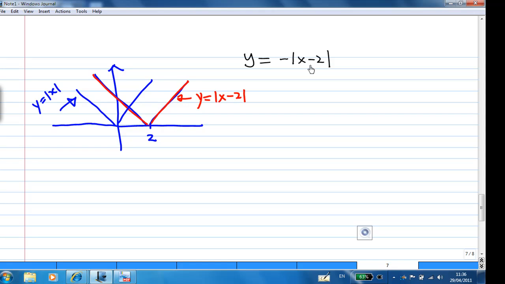Now this is a reflection in the x-axis. So you're going to do a reflection in the x-axis. When you do a reflection in the x-axis from the earlier curve, after reflection you got this come out. So this is the reflection. The piece here comes to here, and this piece comes to here, and this is the graph of y equal to minus absolute value of x minus 2.